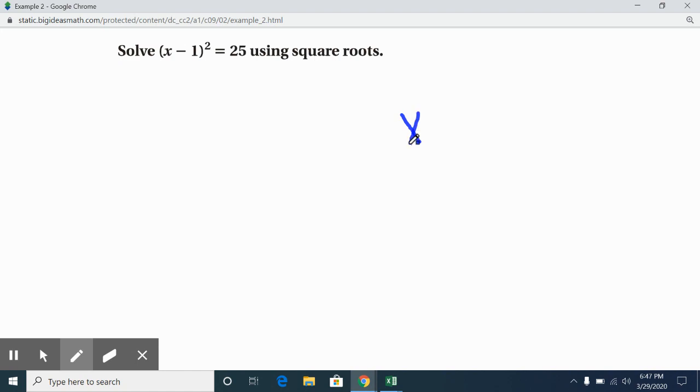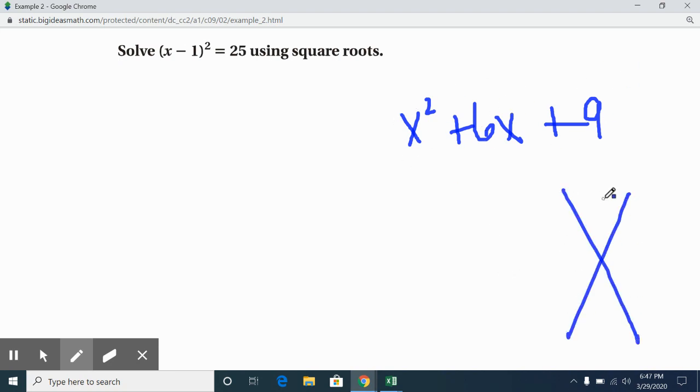If you were asked to do this, x squared plus 6x plus 9, and I said, hey, factor this trinomial, you'd make your x and say, what multiplies to 9 and adds to 6? 3 and 3.